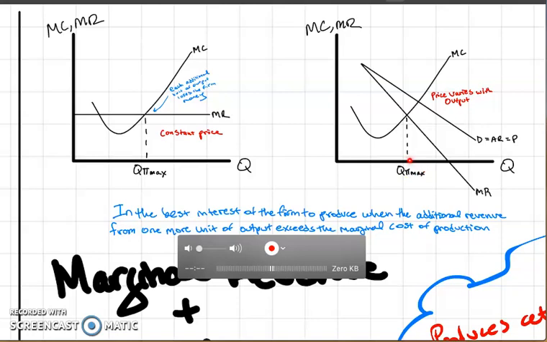Again, to the left of Q profit max, we have marginal revenue exceeding marginal cost. So it's in the best interest of this firm to sell additional output and produce additional output because it's going to have increasing amounts of profit. But it is not in its best interest to produce beyond where marginal cost is equal to marginal revenue in either diagram.